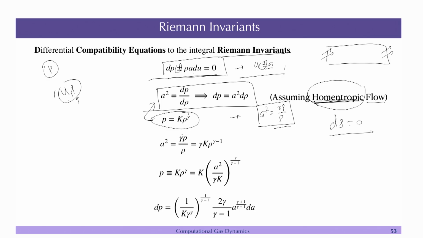We start with the relation a squared equal to gamma p by rho, and again replace p using p equal to k rho to the power gamma.